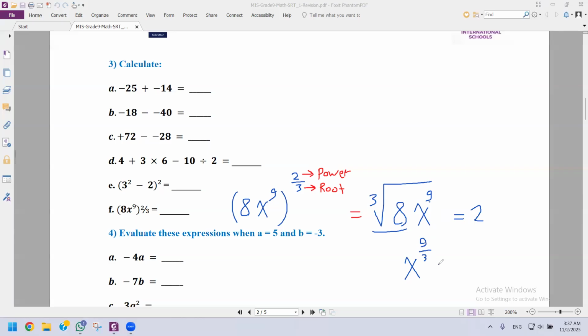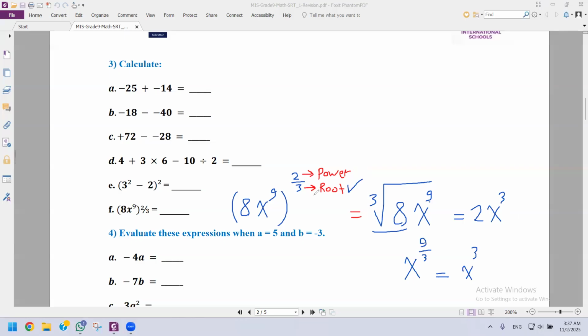So I write the power as a fraction. What is x to the power of 9 over 3? What is 9 over 3? Which is easily 3. So the cube root of x power 9 is x cube. Okay, mister, we finished the root. What do we have to do next? We have to do the power.